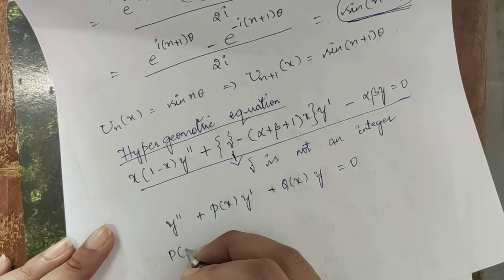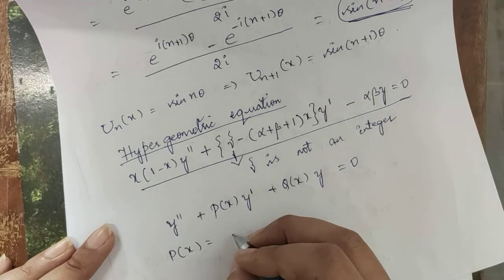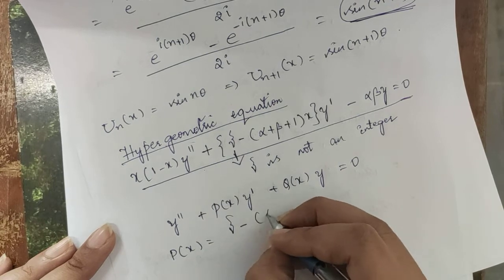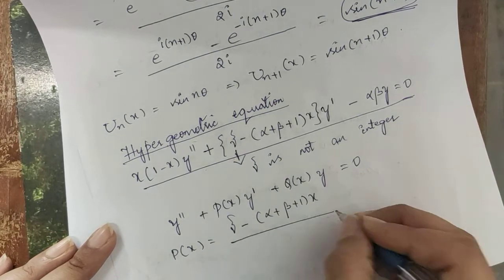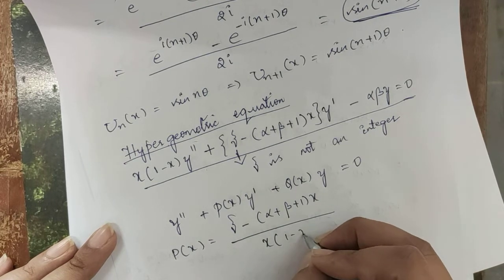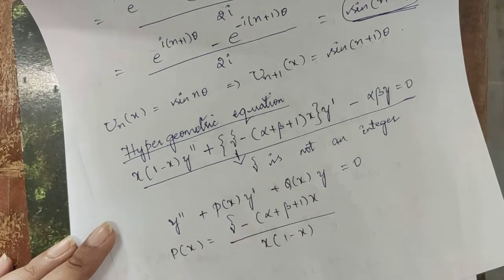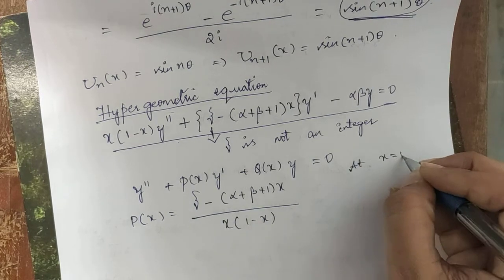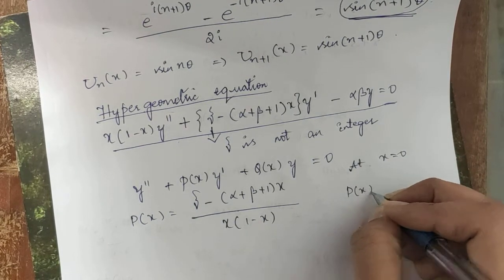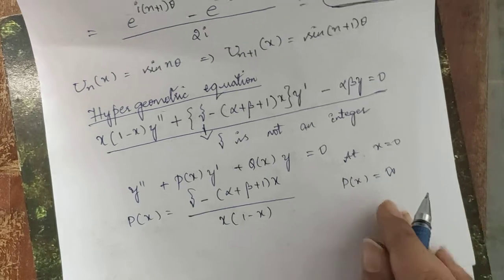So p of x is equal to gamma minus of alpha plus beta plus 1 into x whole divided by x into 1 minus x. At x is equal to 0, p of x will be infinity, right?